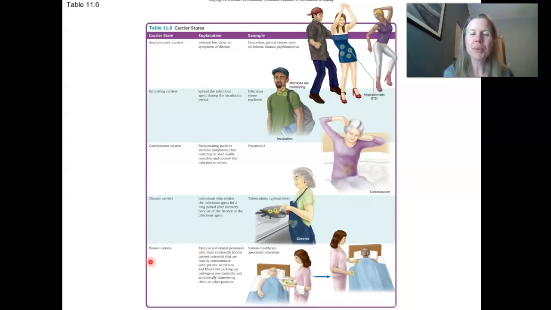Okay, this one's probably important to mention as well, since most of you are going into healthcare: this idea of passive carriers. Jamie was talking about this, that a lot of medical professionals carry MRSA. It's not making them sick, but they can hand it off to their patients. And even more than that, there's the need to wash hands.